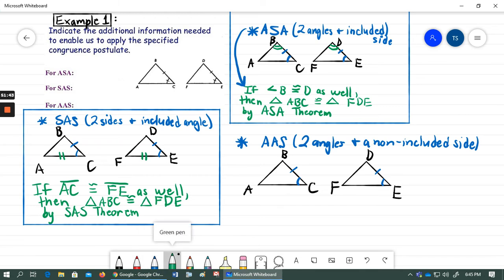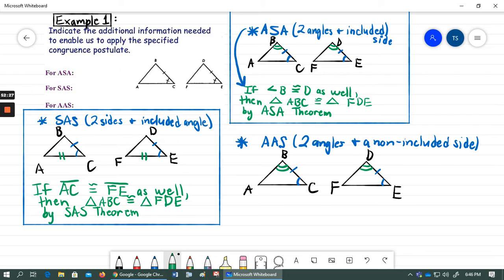Y'all feel me? You get what I'm saying here? So here's the question: would it be this angle that's congruent to this angle? And would knowing that congruency, would that additional information allow us to say that these two triangles are congruent by angle angle side, where we have two angles and a side that is not included, a side that is not between those two adjacent vertices?